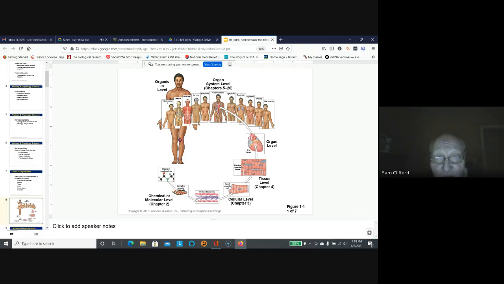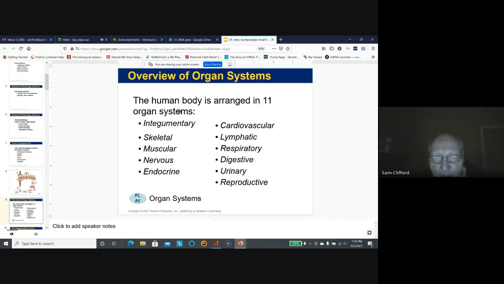And so we have all of these systems from integument to urinary and so on. So those are all the organ systems that combine, function, and talk to one another and interact. And that's where we have the living organism. So here is the list of all of the organ systems.